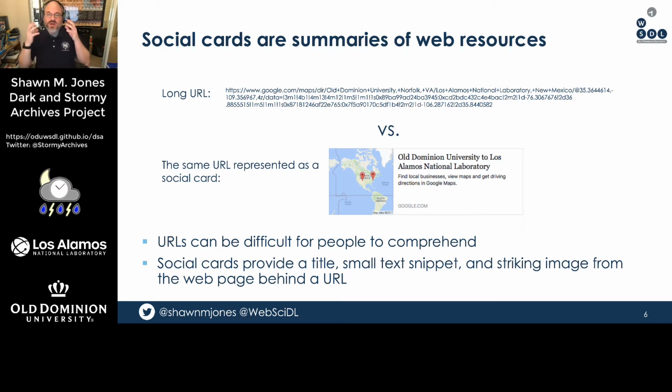And it gives you a map, a picture. It also indicates the title of the page, the directions. It tells you that this is Google Maps. And so this is very important because with a glance, you get an idea of what is behind this URL. And so we have our title, text snippet, and striking image to give us that clue.